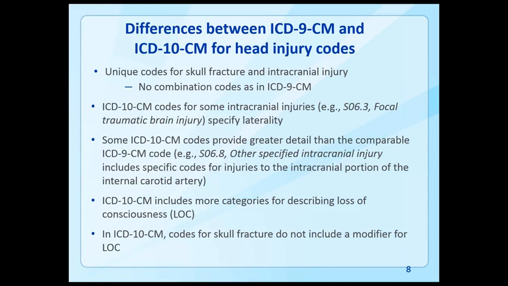An example I give here is S06.8, other specified intracranial injury. But in the subcategories of other specified intracranial injury, there's actually specific codes that go down to the level of detail of identifying injuries to the intracranial portion of the internal carotid artery. So again, rather than having a very broad category, other specified intracranial injury, there's actually more specific codes embedded within that particular class.